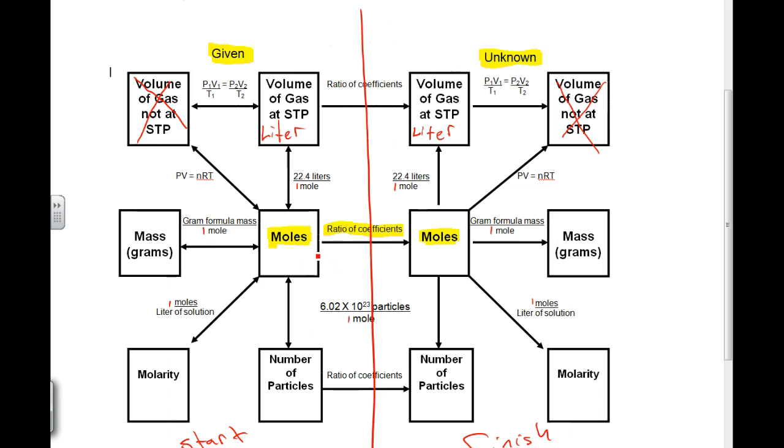Alright, we went from here to there, and we used the ratio of coefficients. Just real quick, I'll put it right up here. We had 5 moles of O2.